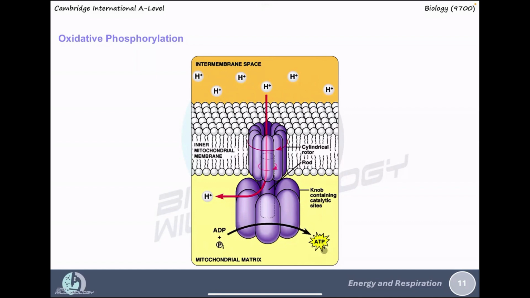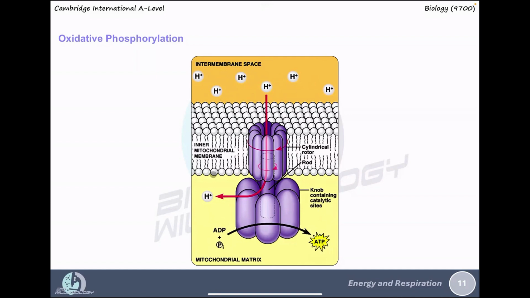So how can this be achieved? First of all, the protons diffuse across this proton channel. When the protons diffuse across the channel, energy is released, from high potential energy to low potential energy. This energy will be captured by ADP to form ATP.